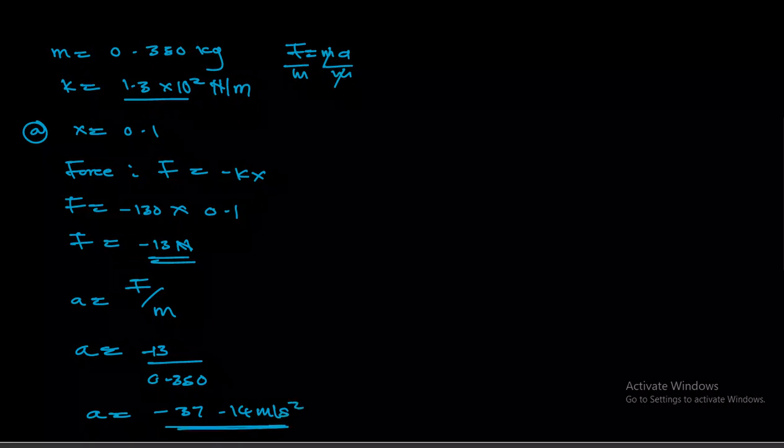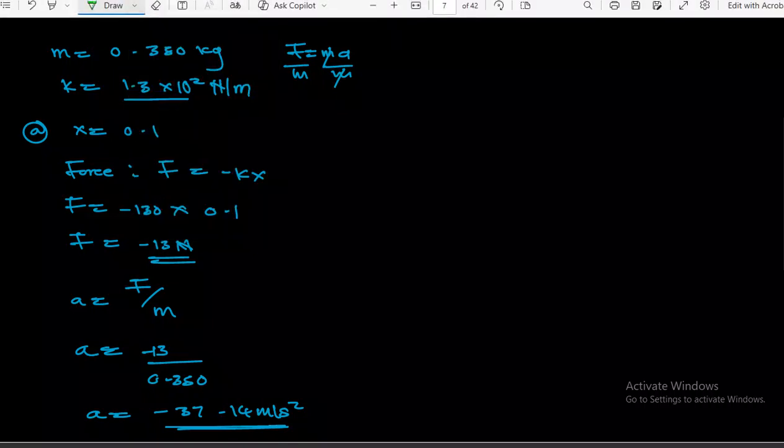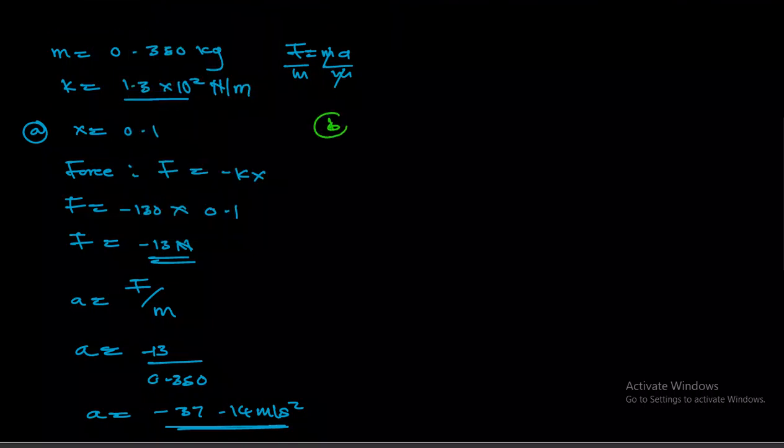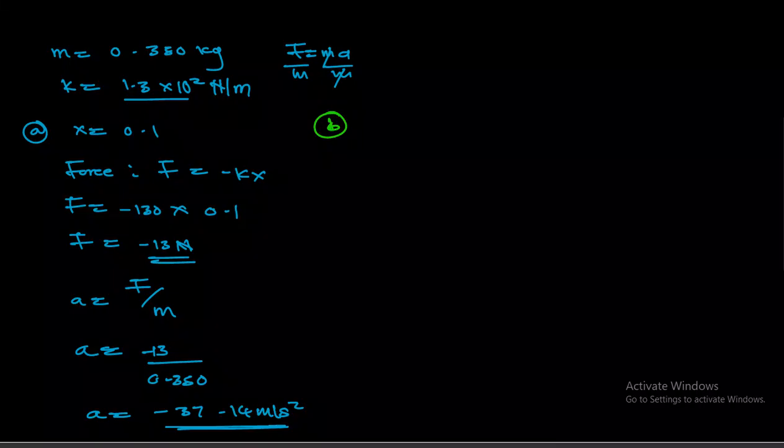Okay, so let's go to B. Now we are looking for the force and acceleration at x equal to 0.05. Our force is negative k x.